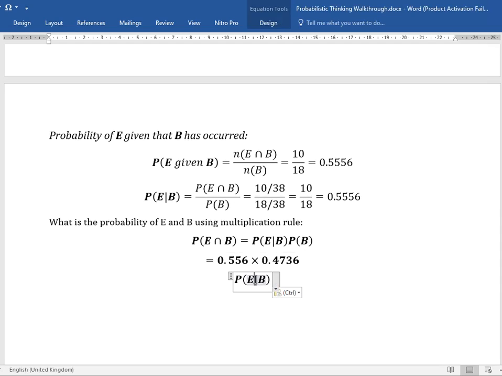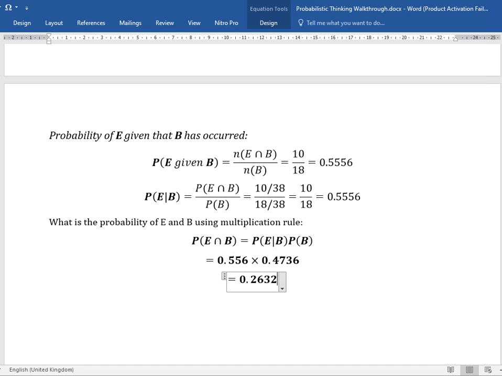So I'll multiply that. What does that give us? It's 0.263111, but because of approximations we've done here, that kind of affects the result.